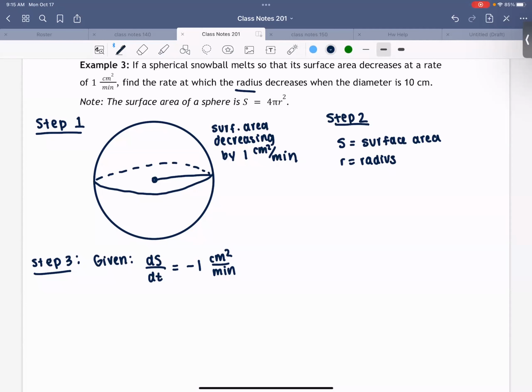So in this question, we're not just thinking about putting numbers to different derivatives. We actually have to think about the direction in which we're changing. Are we decreasing? Are we increasing? In this case, since we're decreasing, there's actually going to be a negative next to my dS/dt. Okay. Let's figure out what we want to find.